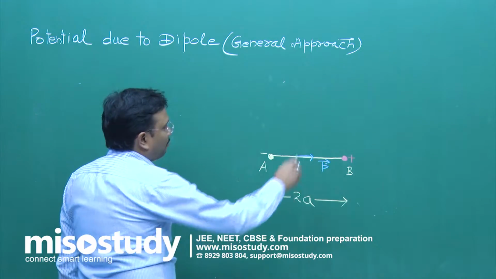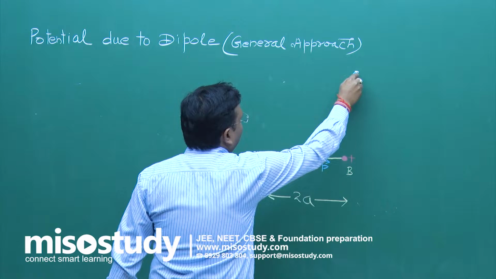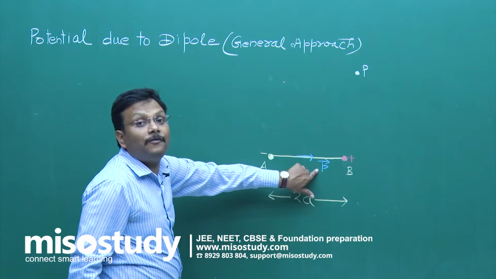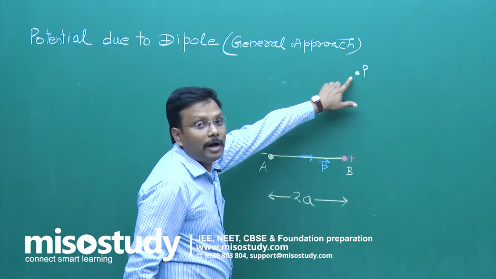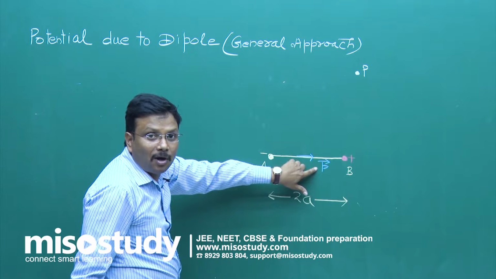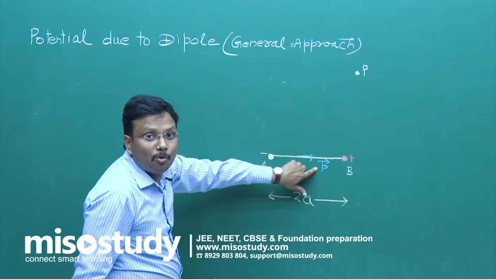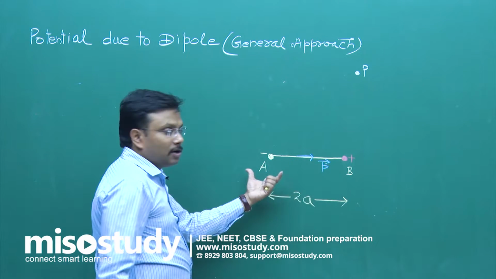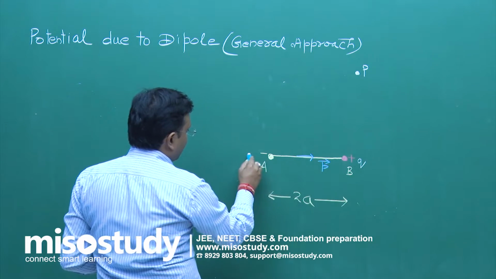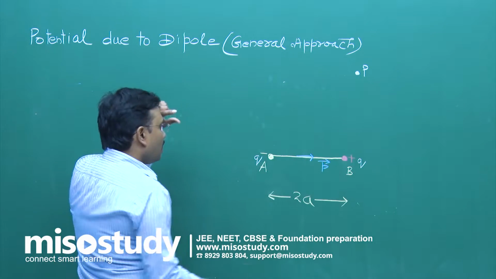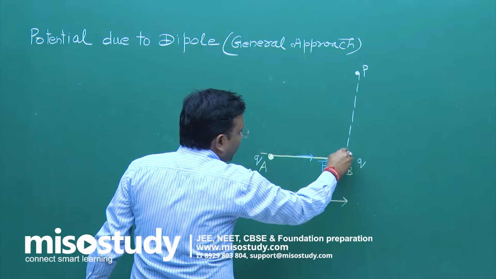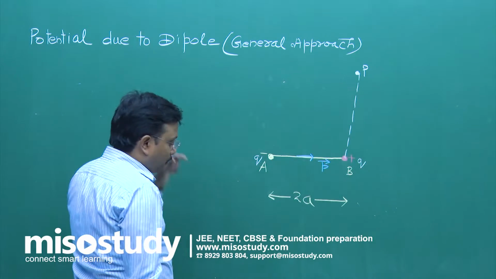Now assume a point P over here. This is point P and this is vector P. Point P is the point where you want to find the potential, and this vector P is the electric dipole moment, that is 2a into q. This is plus q, this is minus q. Fine. Now attach this point with point B. Simple approach.